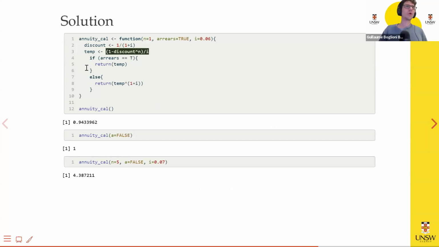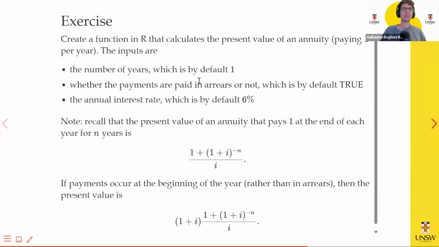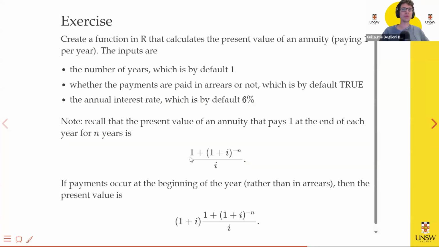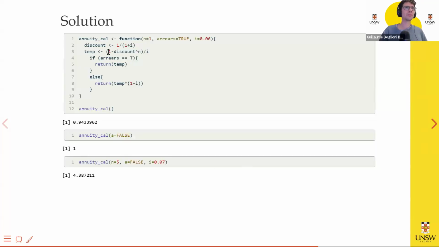But the point here in terms of code is simply that if arrears is true, then what we want to return is exactly this. And again, apologies for the mistake, but provided this was a minus, it would exactly match the formula here.